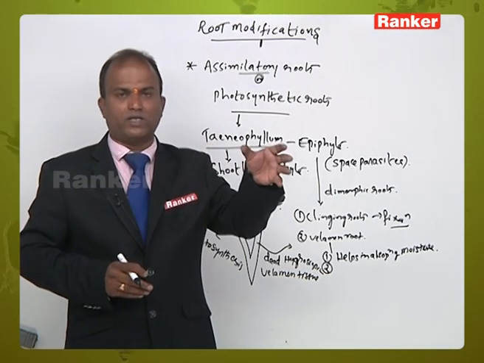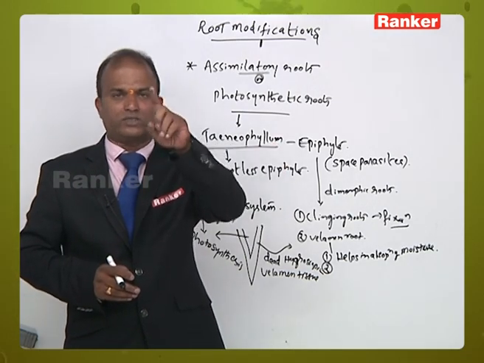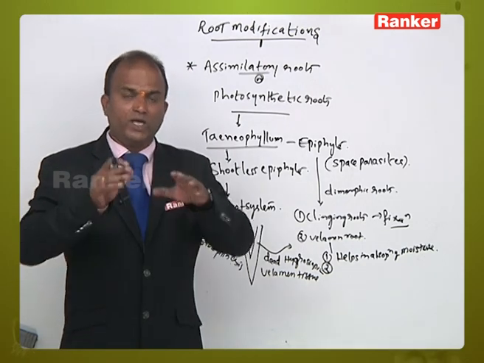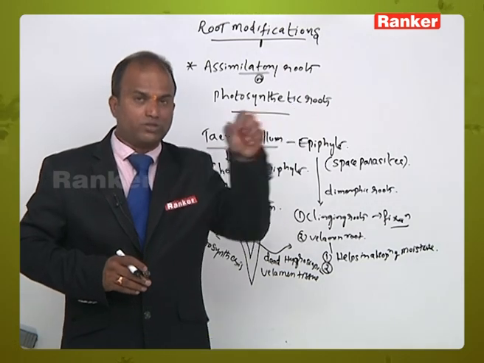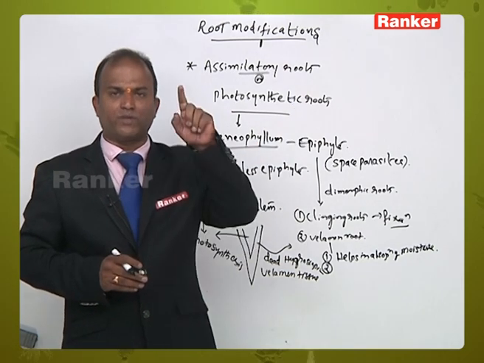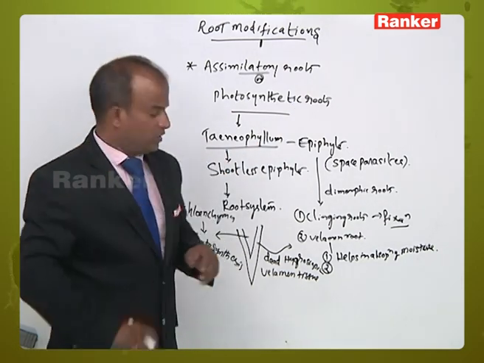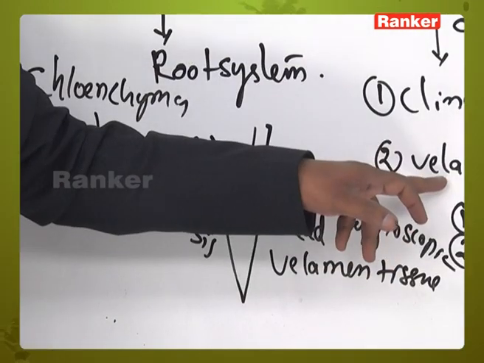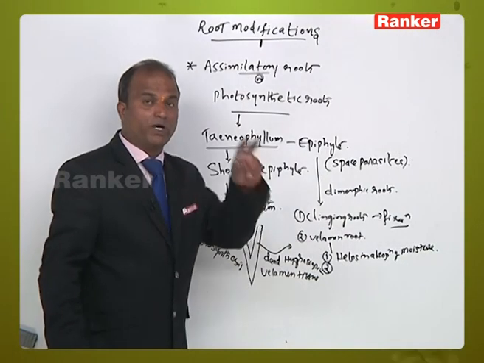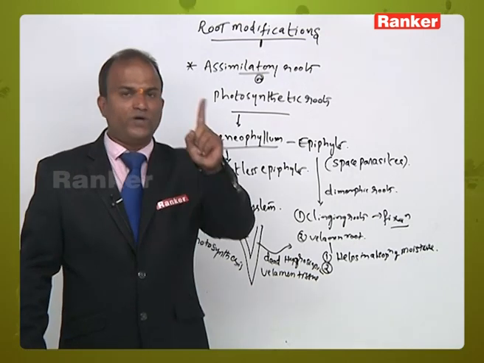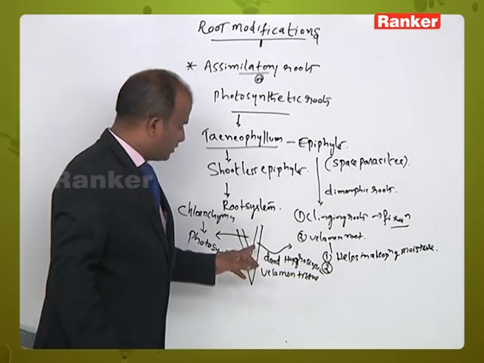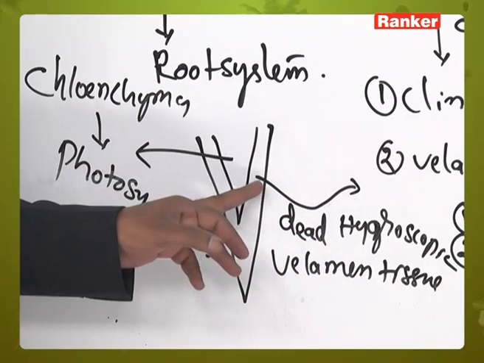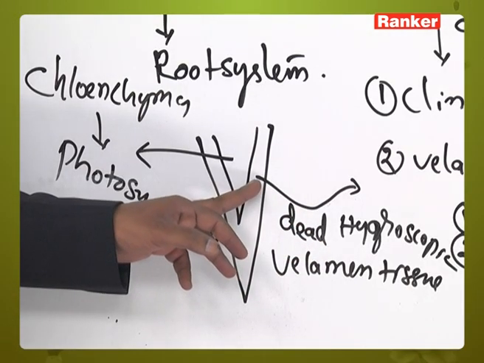What is the difference between Vanda and Taeniophyllum? Both show dimorphic roots, and both show clinging roots, which play the same function. But in Vanda the velamen root helps only in absorption of moisture from the atmosphere, whereas in Taeniophyllum the velamen roots perform two functions. One is absorption of moisture due to the presence of dead hygroscopic velamen tissue on the outer surface.